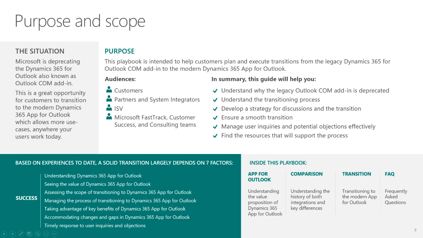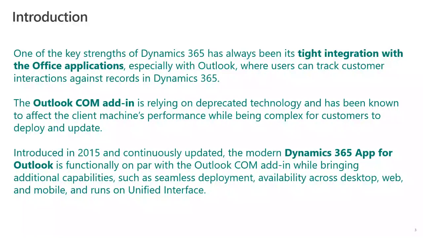So as an introduction, one of the key strengths of Dynamics 365 has always been its tight integration with the Office applications, especially with Outlook, where users can track customer interactions against records that are in Dynamics 365. The Outlook COM add-in is relying on deprecated technology and has been known to affect the client machine's performance while also being complex for customers to deploy and update.